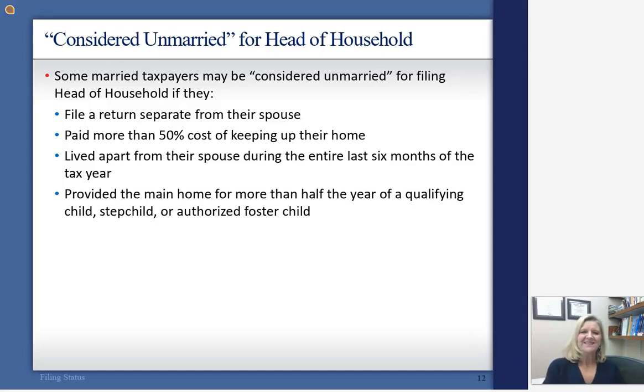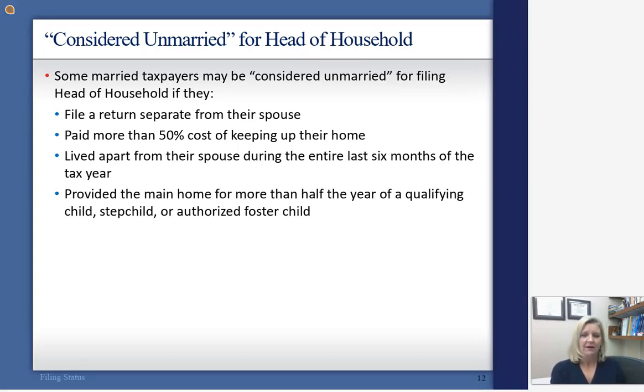All right, so what does considered unmarried mean for head of household? If they file a return that is separate from their spouse, so this is someone who is technically still married, but they're filing a return that is separate from their spouse, they paid more than 50% of the cost of keeping up their home, they lived apart from their spouse during the last 6 months of the year.